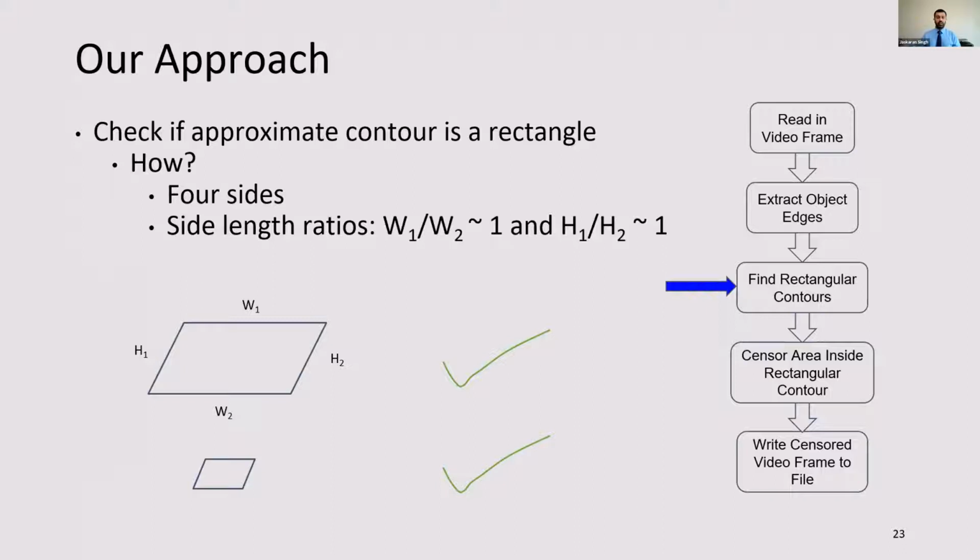Even if it's a license plate, we don't need to censor it if it's that far away. So we implemented an additional condition, and that was to check the area of the rectangle itself. The default condition we have set right now is to check if the area of the rectangle is greater than 20 pixels. If it is, we go ahead and censor it. If it's not, we just ignore it altogether.